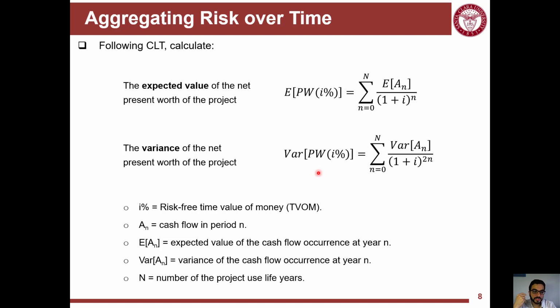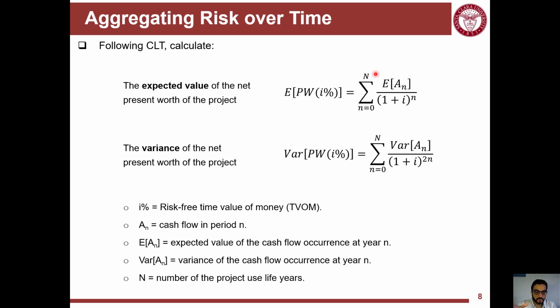Risk-free here means you're not adjusting your time value of money to account for risk, because your cash flow is already accounting for risks by modeling the optimistic, pessimistic, and most likely. So this is the meaning of risk-free. It's just the standard time value of money or minimum attractive rate of return you would use. And n here, uppercase, is just the number of years in the useful life of that project or asset.